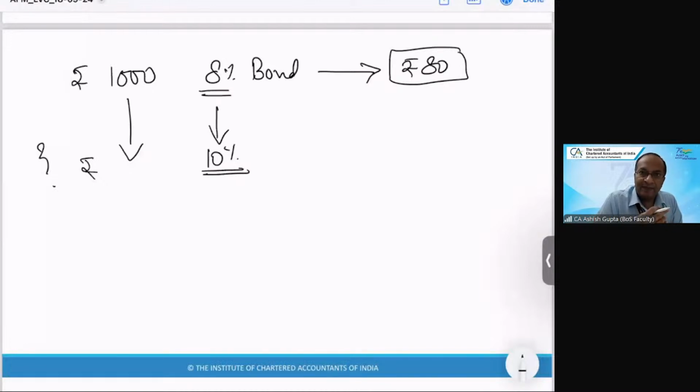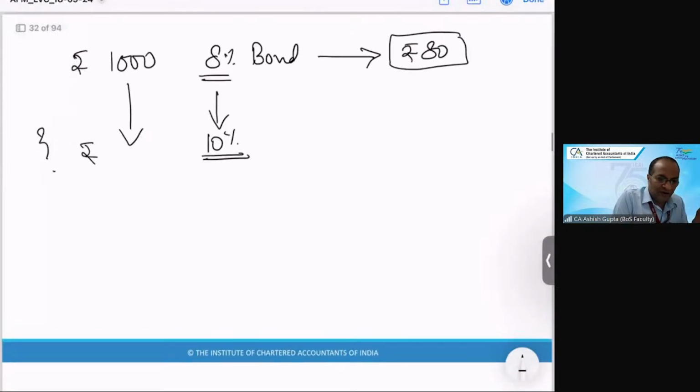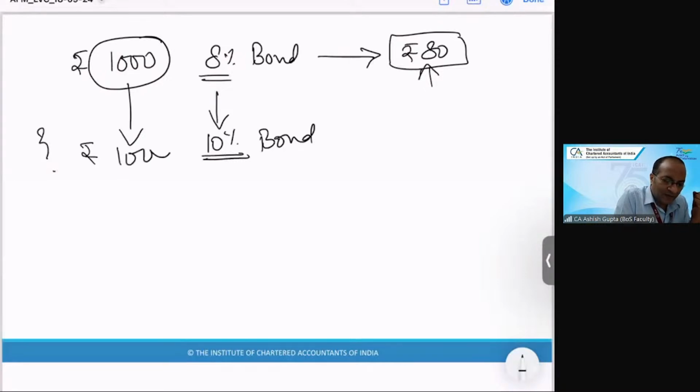The answer will be no. Why? If I want to sell my bond at 1000, you will say no, because why should I pay 1000 rupees for this 80 income when by buying a 1000 bond today, I am getting an income of 100.